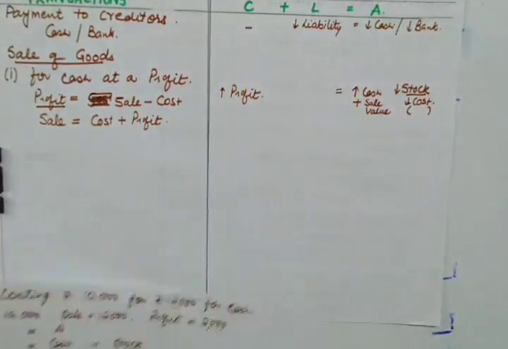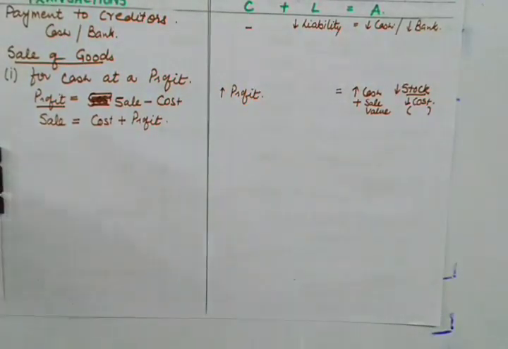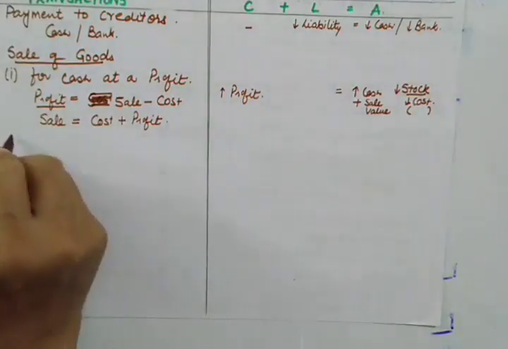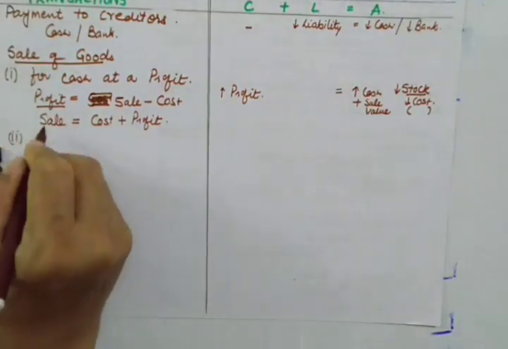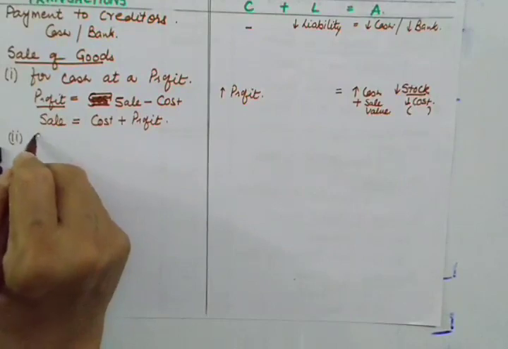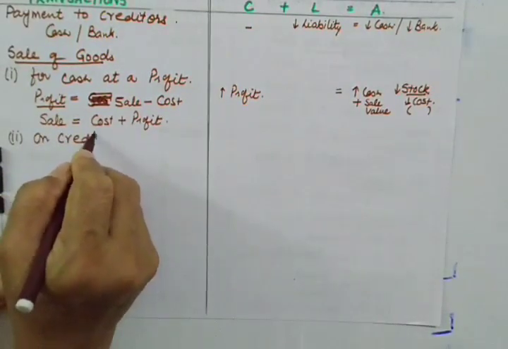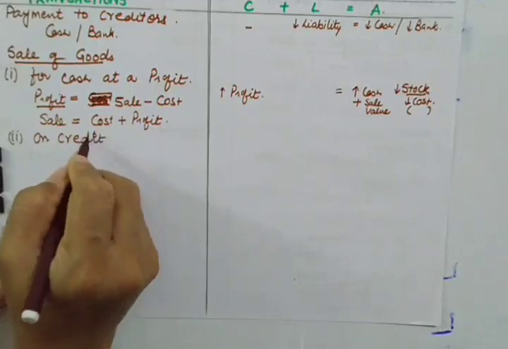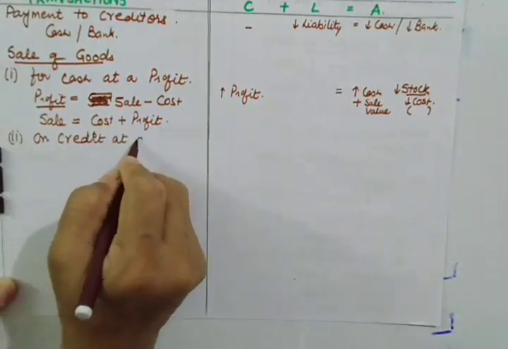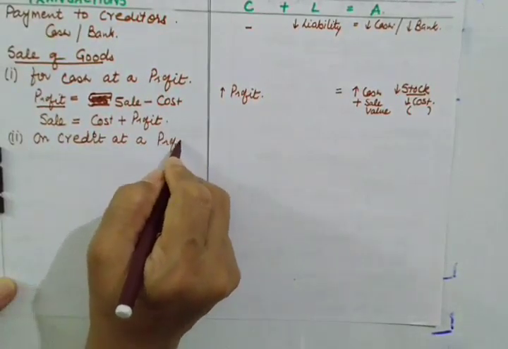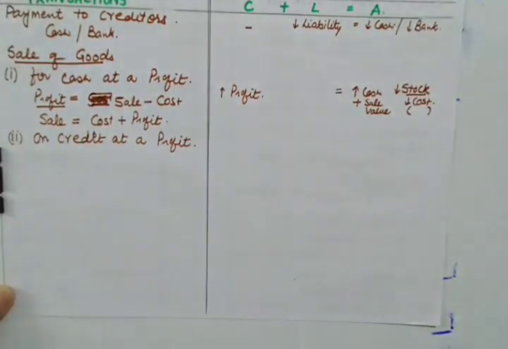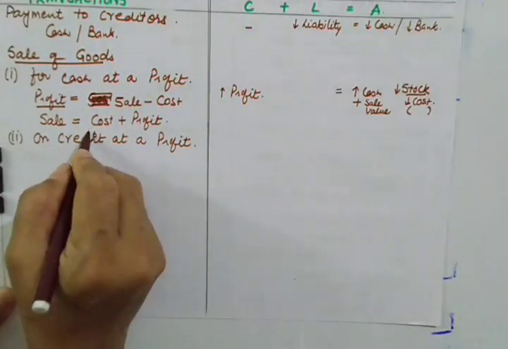Now let us move to the next concept under the same heading. Second, you are selling goods on credit at a profit. So what will happen when you are selling goods on credit?